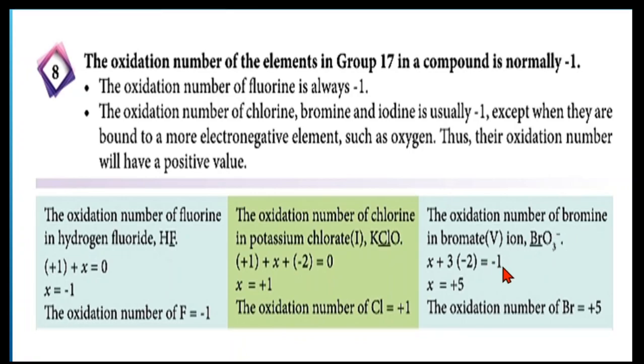So equal to negative 1. So here is negative 6. Pindah sebelah jadi positive 6. Minus 1 jadi positive 5. So oxidation number of bromine dia jadi positive 5. Alright? Understand?